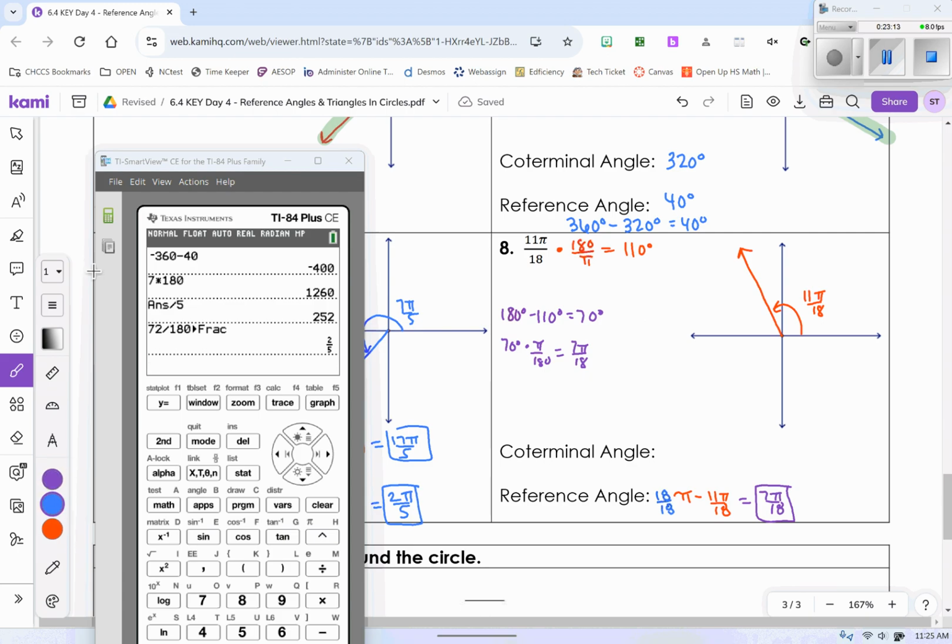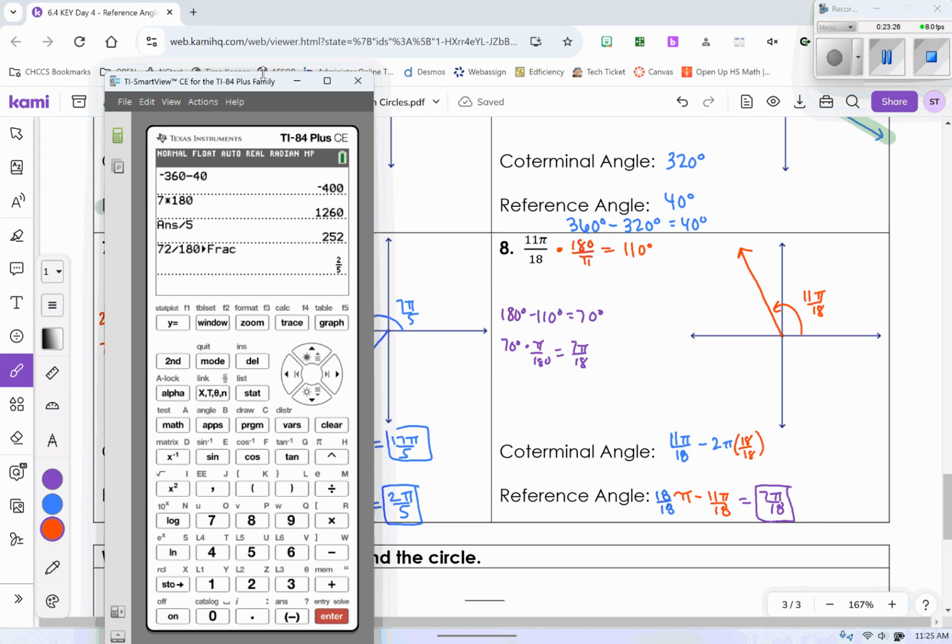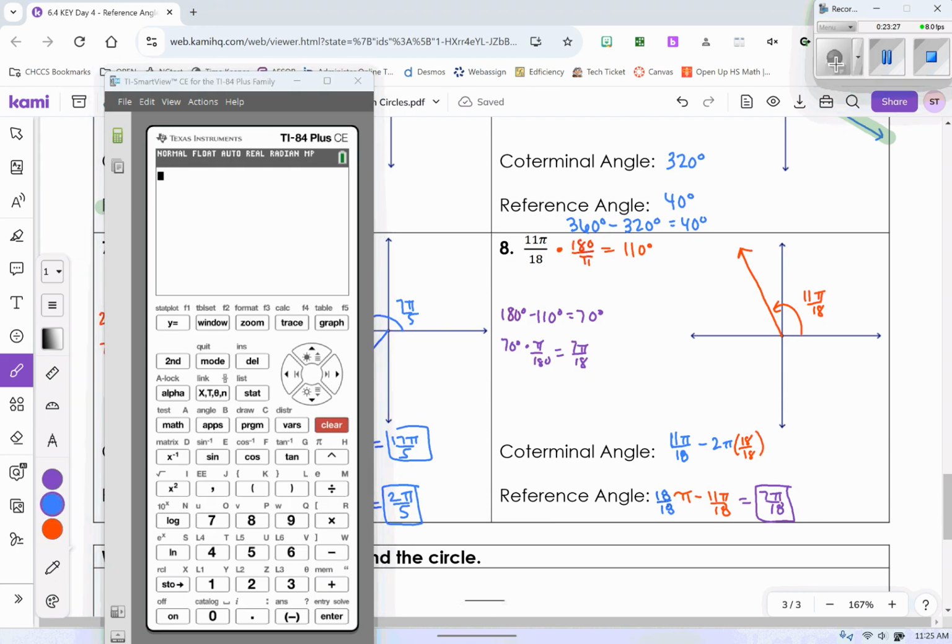So we have 11 pi over 18. If we want a negative coterminal angle, we would subtract 2 pi. So then we would multiply this by 18 over 18. Which gives us 11 pi over 18 minus 36 pi over 18, which then would give us negative 25 pi over 18.